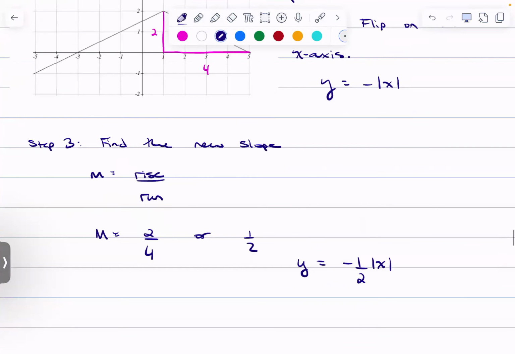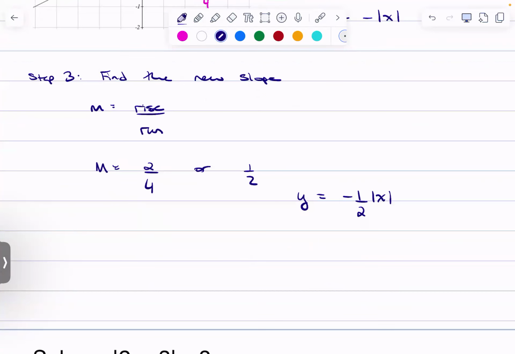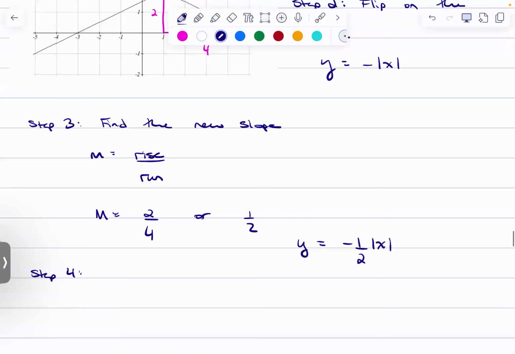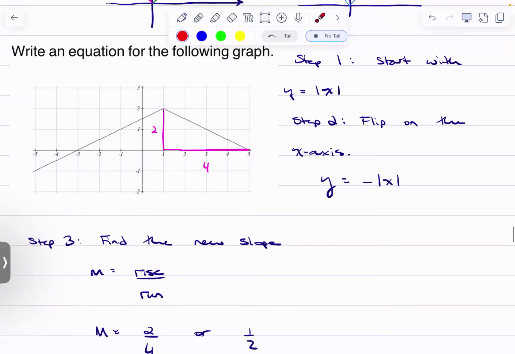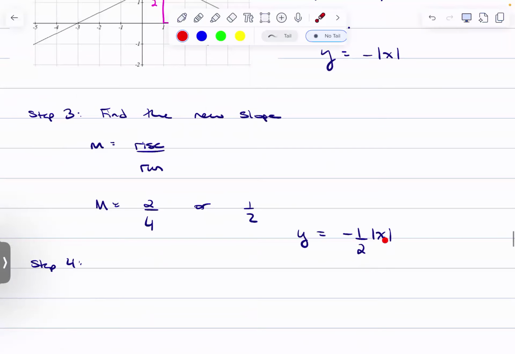All right, so now step 4. We can shift it. First, I'm going to shift it from 0, 0 over by 1 unit to the right. How do we do that? I have to manipulate my x in here.